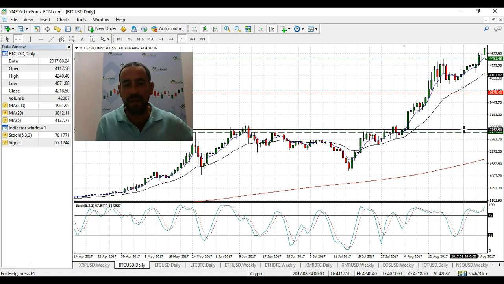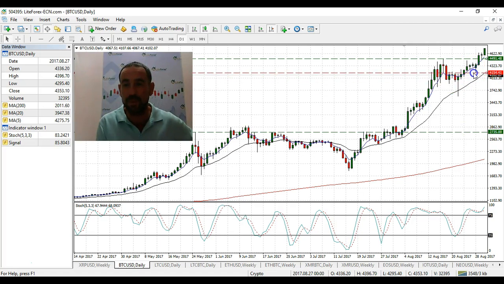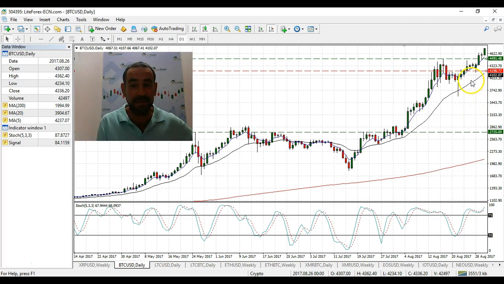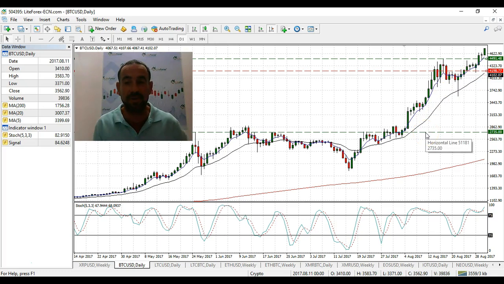The fast line of the stochastic hit 78 at the close. So we take the stop loss level and push it all the way right here. Here price didn't make it to the previous high. The stop loss level was triggered, as you can see, with a small profit.